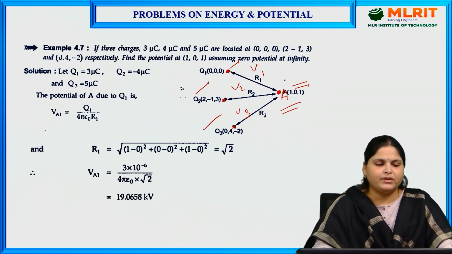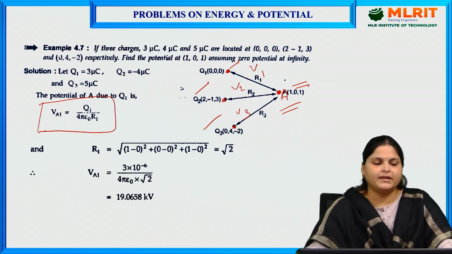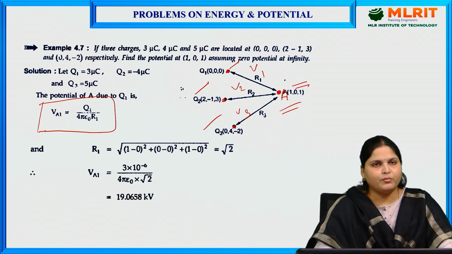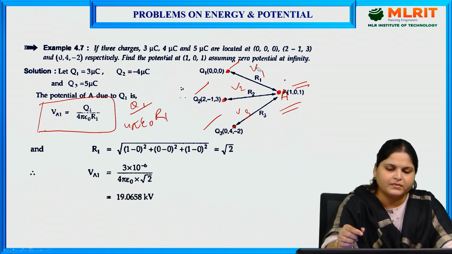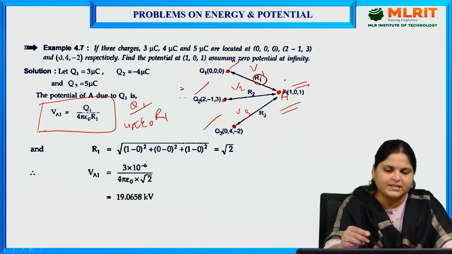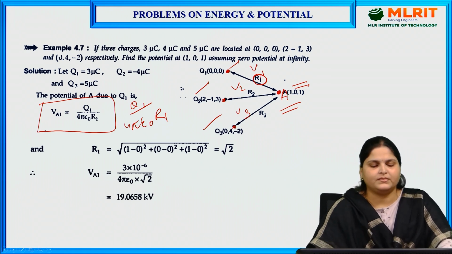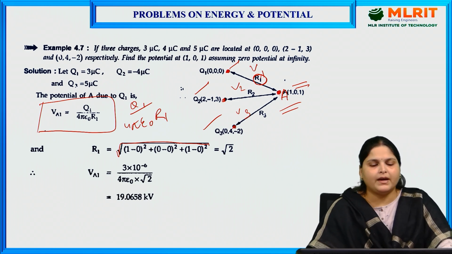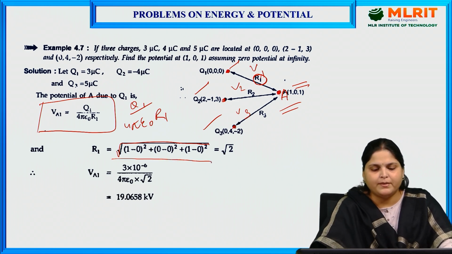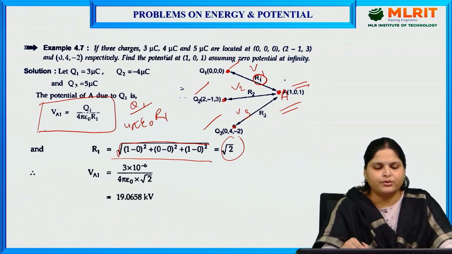So let's consider the first potential, which we are taking as VA1. The formula will become Q1 upon 4 pi epsilon naught R1. What is R1 here? R1 is the distance between point A and Q1. We find the value of R, which is given by the square root of (1 minus 0) square plus (0 minus 0) square plus (1 minus 0) square, and we get root 2.